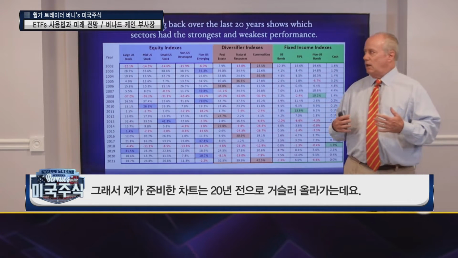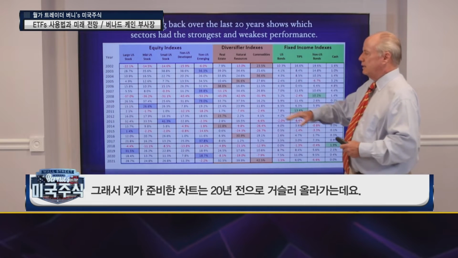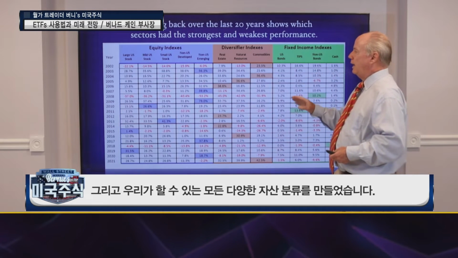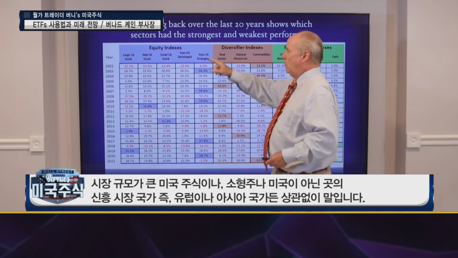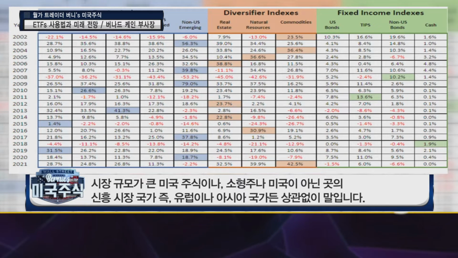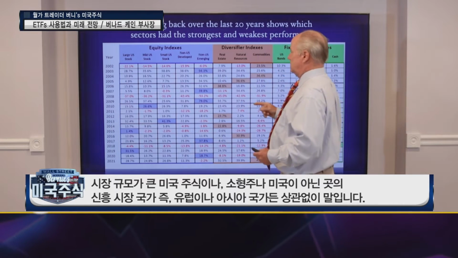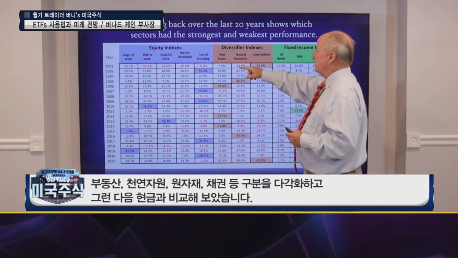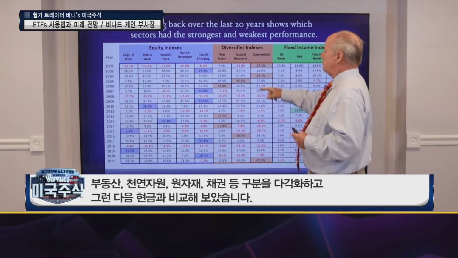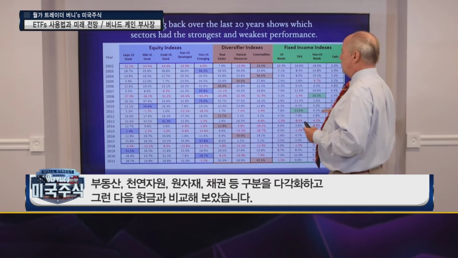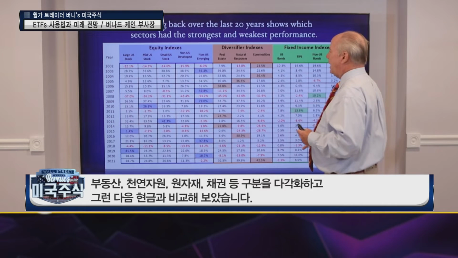So what I started out with right here is going back 20 years, and what we did is we broke out all the different asset classes that we can do, whether it's big US stocks, small cap stocks, emerging market companies, emerging market countries, non-US developed countries, so Europe and that sort of thing, and some Asian countries. Diversified, whether it's real estate, natural resources, commodities, bonds, that sort of thing. And then compare it to cash, okay?